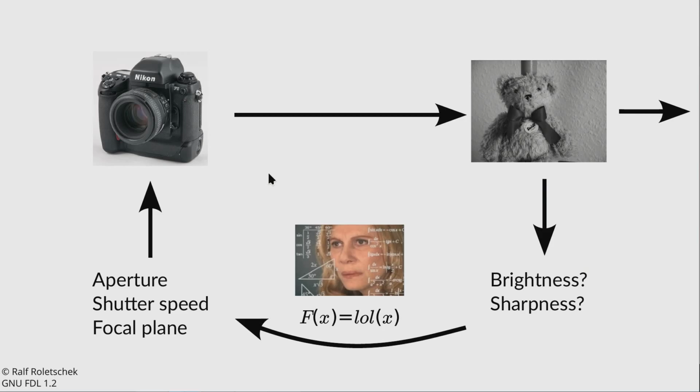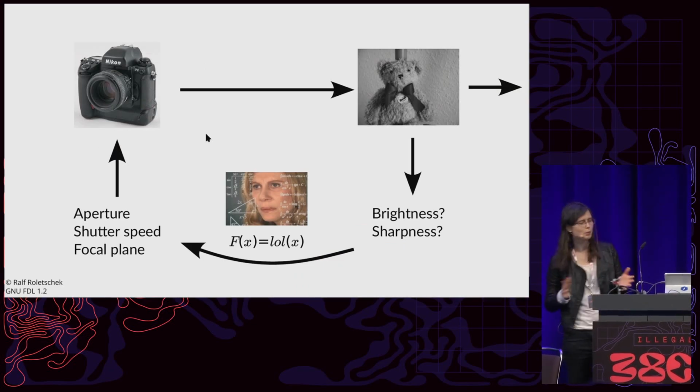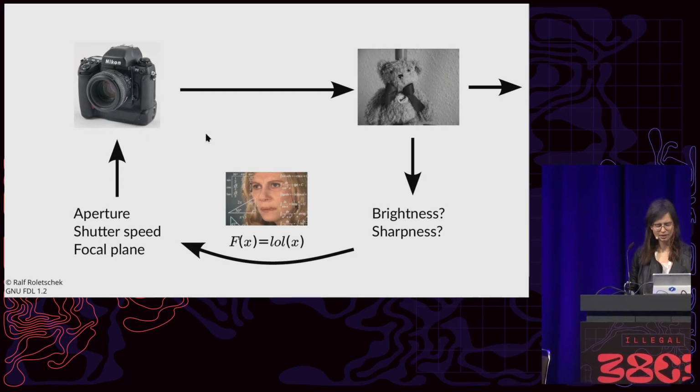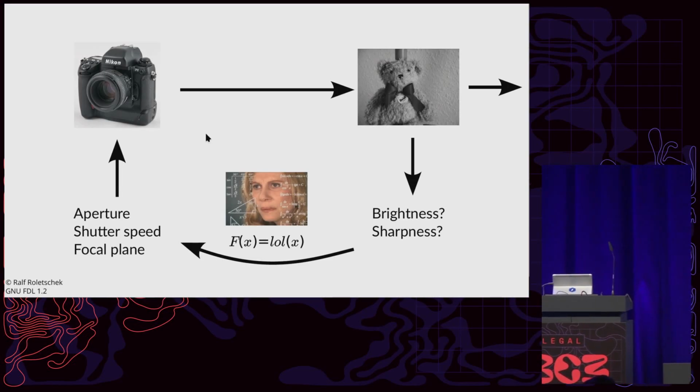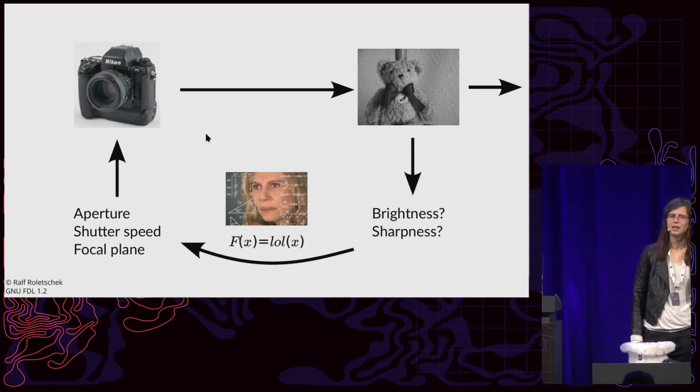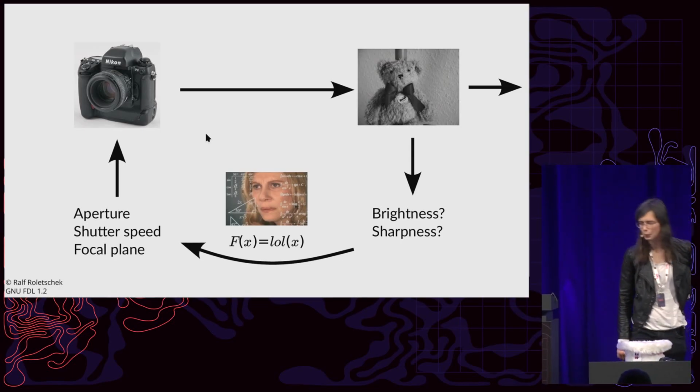So I performed a looped operation until I was happy with the result. And yeah, this is something I'm going to have to implement in libobscura, because not every camera actually has a built-in feedback loop.